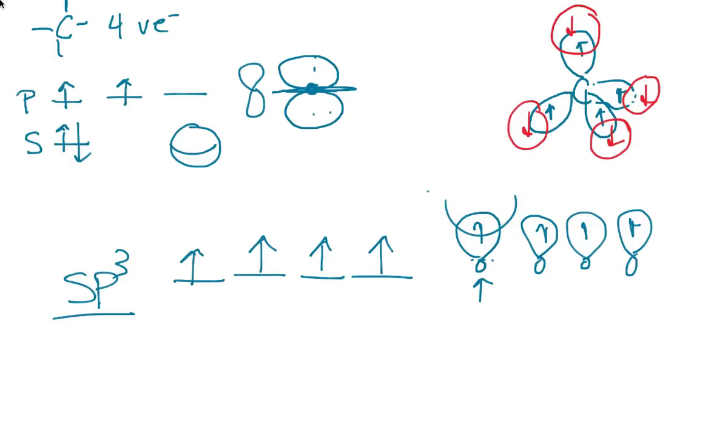So an end-to-end overlap is a sigma bond, whether it's between an sp3 orbital and an s of a hydrogen, or an sp3 orbital of 1 carbon and an sp3 orbital of another carbon. If they end-to-end overlap, that's a single or a sigma bond. Okay?